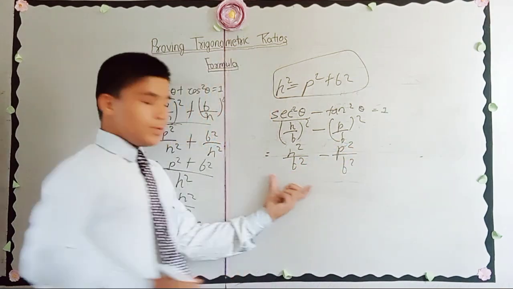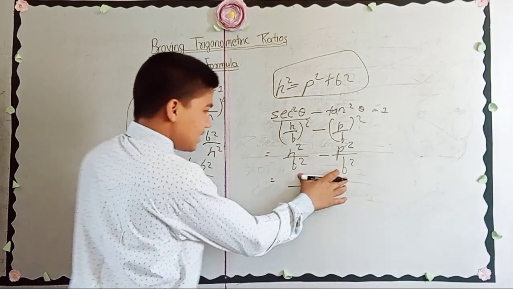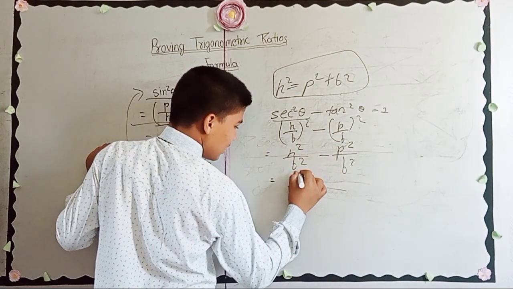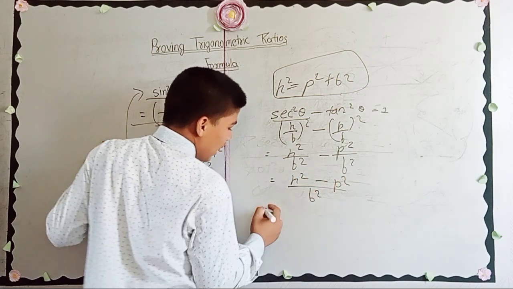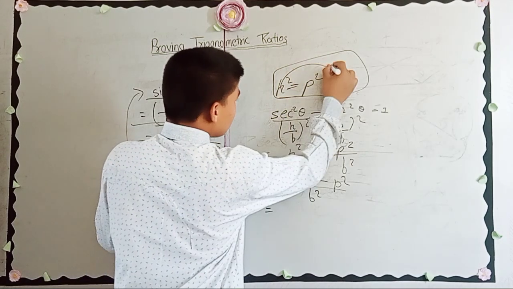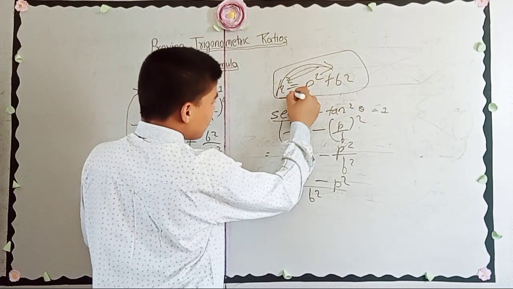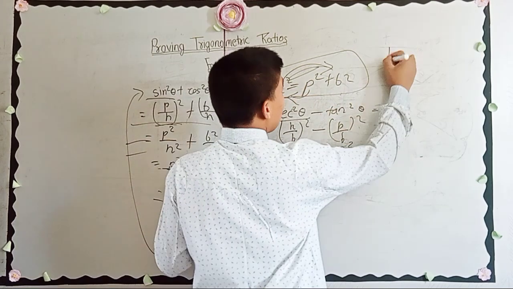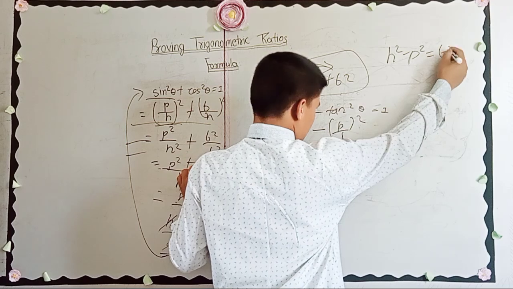Here also the denominators are the same, so the LCM will be the denominator only, and the numerator will be h square minus p square. And we know one more thing, that if we take p square to this side, then h square minus p square, its answer will be b square.